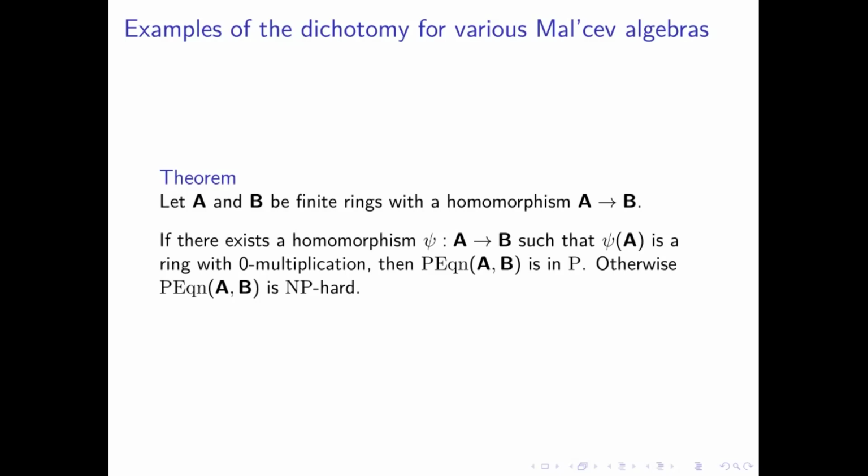In other words, if you multiply two things together, you have to get 0. So that's the only way you get an abelian ring here. And that will tell you that the promise equations A, B is NP if you have a homomorphism psi, such that the image psi of A is an abelian ring.